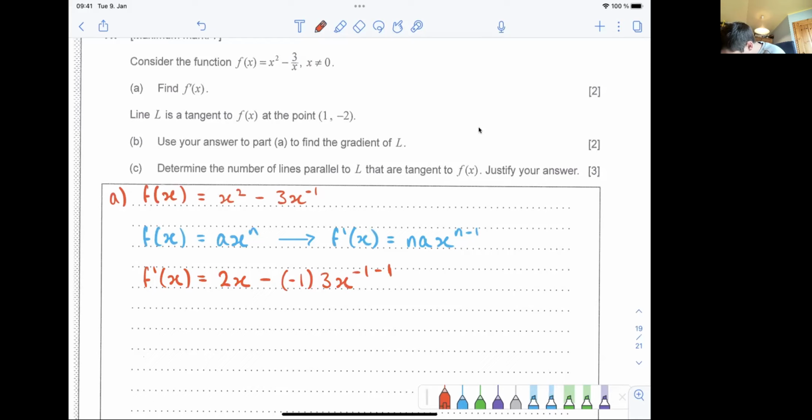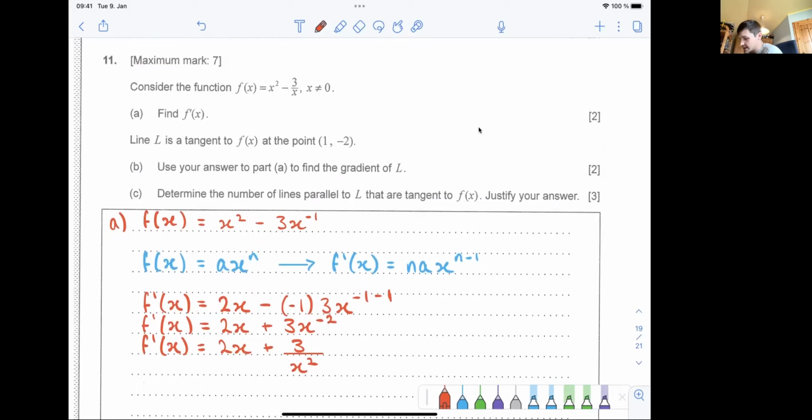If we clean this up, we get 2x plus 3x to the power of negative 2, which we could write, to follow the format in the question, as 2x plus 3 over x squared. And so there is the answer to part A.